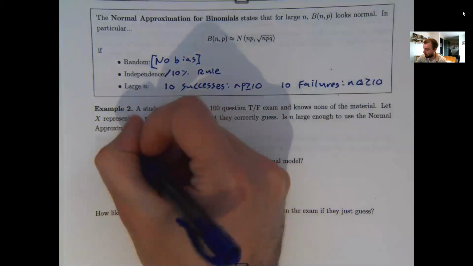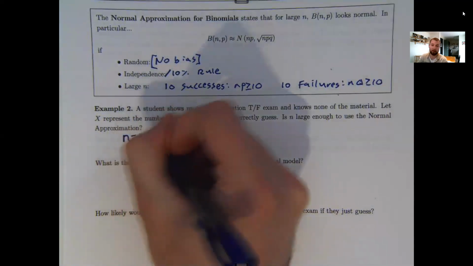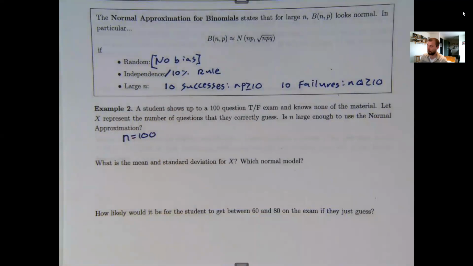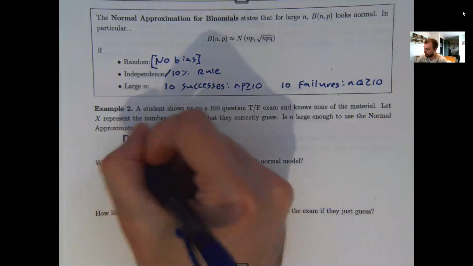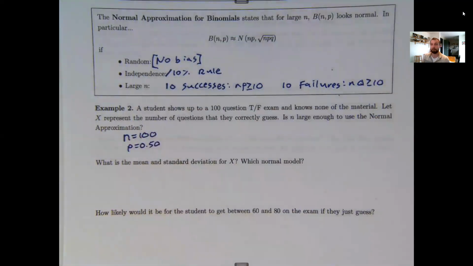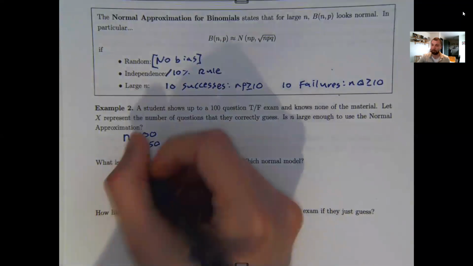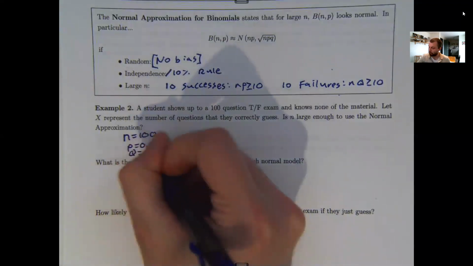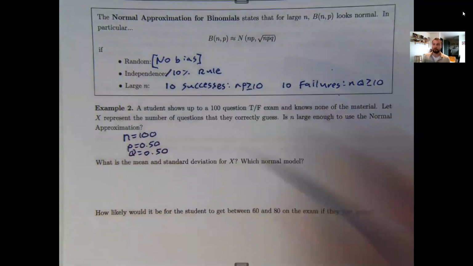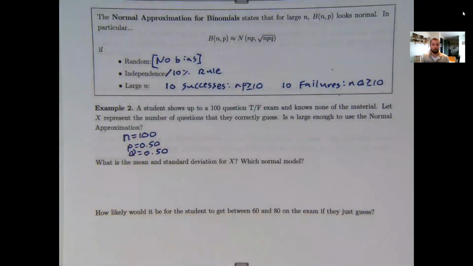Starting out, I have n equals 100 samples. My probability of success is 50%. If it's true, false, I have a 50% chance of guessing that correctly. If 50% is my success rate, then 50% is also my failure rate. P plus Q should be 100%. Those things are complements.